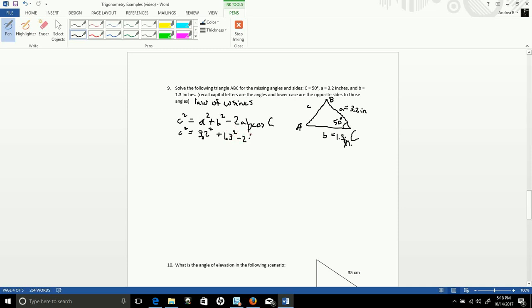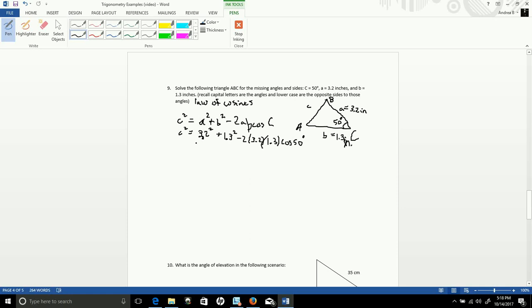Minus 2 times, and then we have our a, which once again was 3.2, times b, which is 1.3, times cosine of our angle C, which is 50 degrees. Remember, all of these in this last part are all being multiplied together.